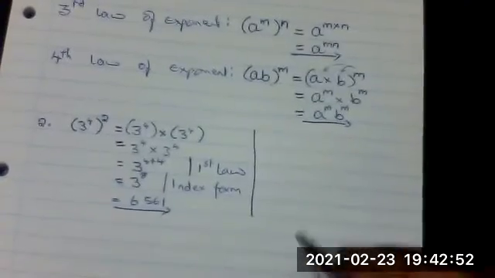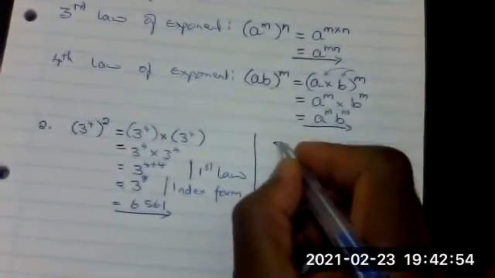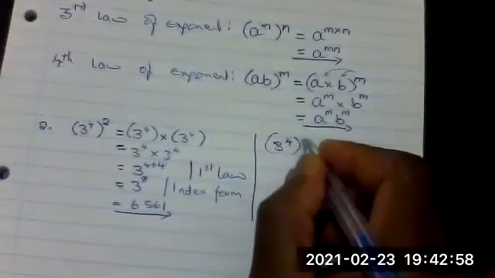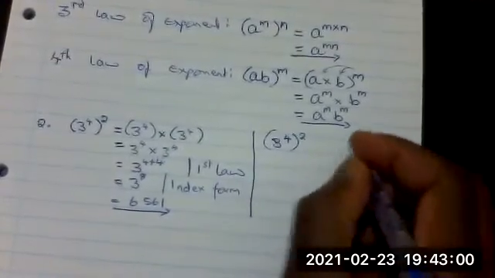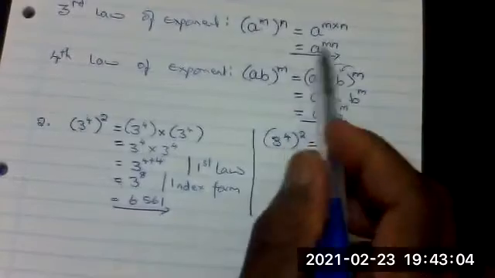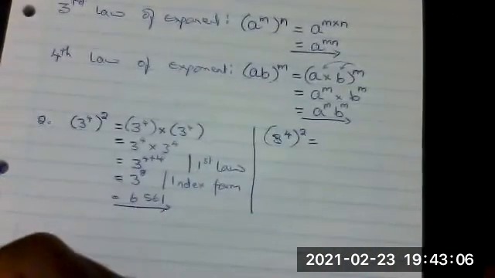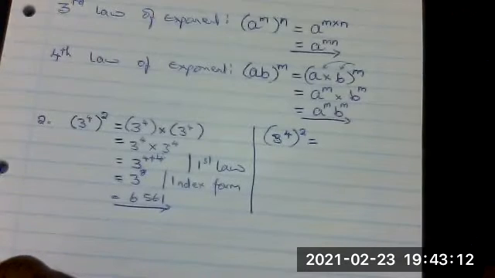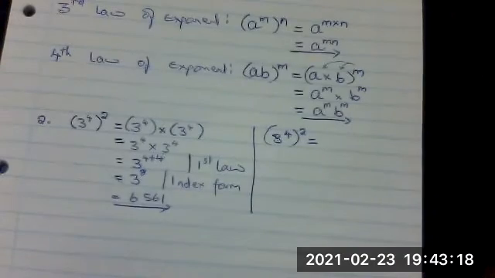By using third law, we are looking at 3 to exponent 4, which is raised to exponent 2. According to third law, if we have a number which has more than one exponent, we multiply the two exponents that are on one base.